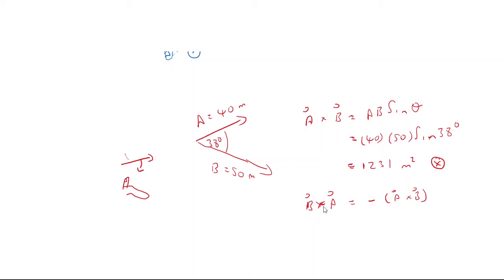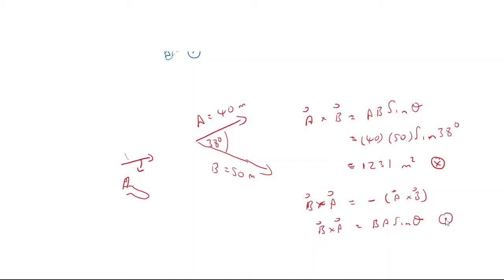For instance, A cross B is going into the page, but B cross A is going to go out of the page. The magnitude is going to be the same, because this is going to be B multiplied by A sine of theta, which is the same as that. But the direction is going to be going out.